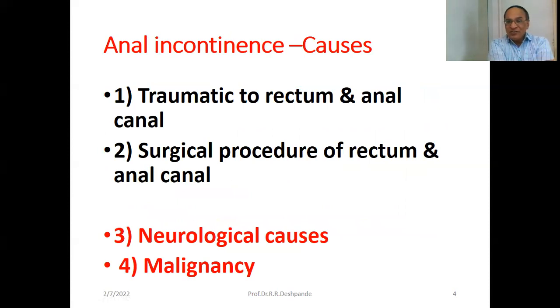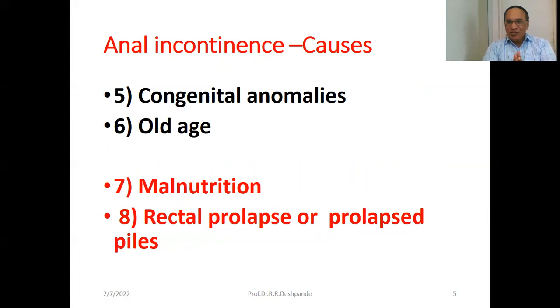Anal incontinence causes: trauma to the rectum and anal canal, surgical procedure of rectum and anal canal, neurological causes, and last but not least, malignancy, cancer is also a cause of anal incontinence. Fifth cause, congenital anomalies, old age.